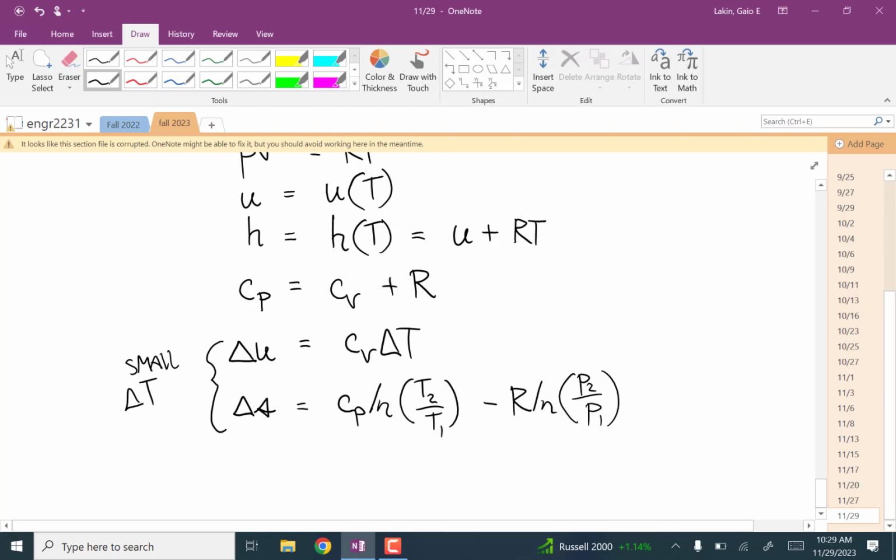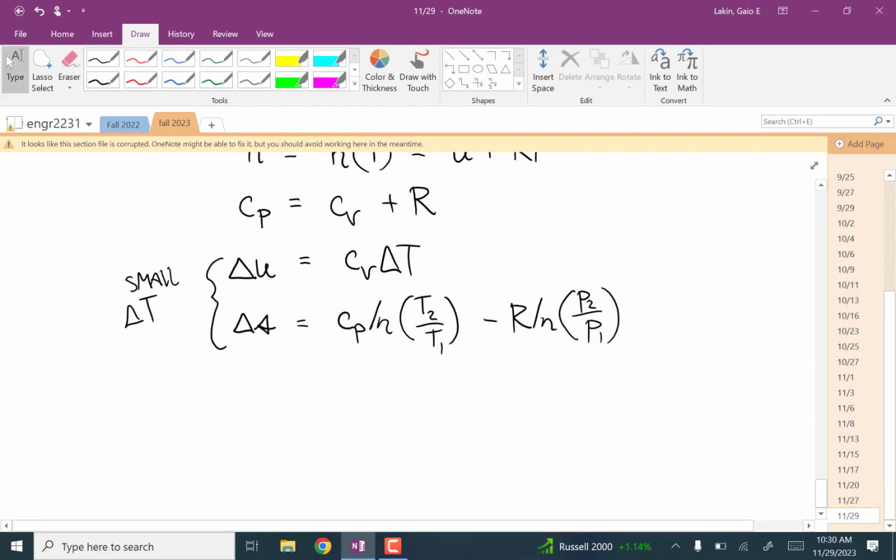Do you remember how we derived that one? Anything involving entropy that we derive pretty much comes from the TdS equations. I haven't talked about that in this yet.